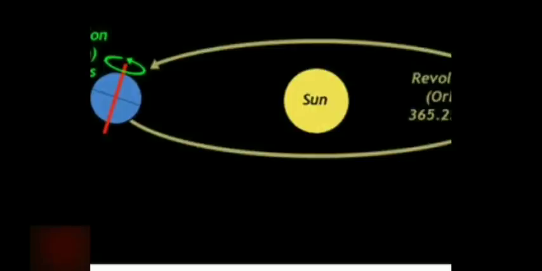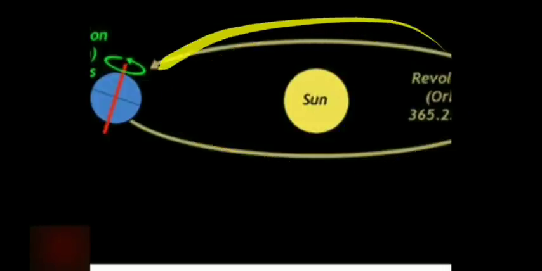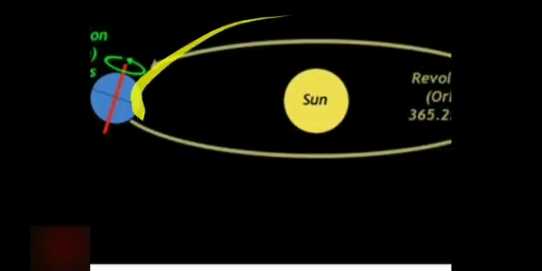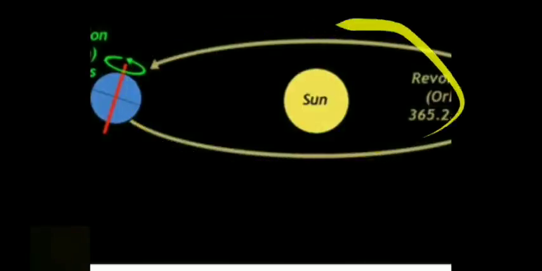That means rotation is going on, but at the same time the earth moves around the sun. The earth is moving around the sun this way. So the movement of the earth around the sun is in a fixed path.